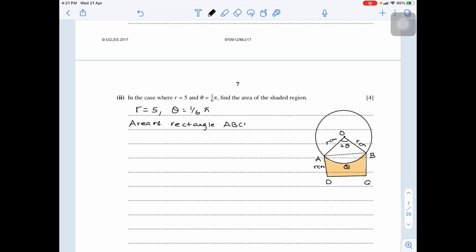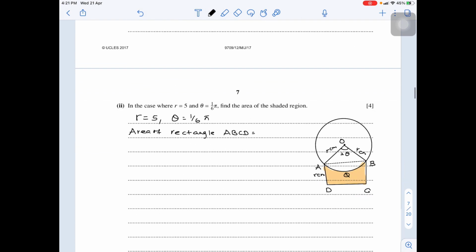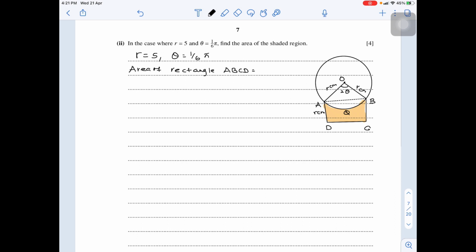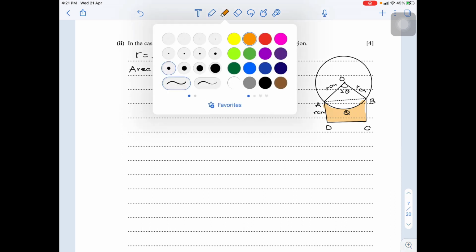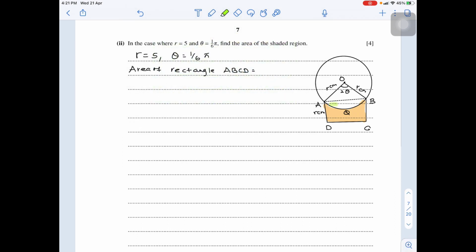Area of rectangle ABCD. Now it says find the area of the shaded region. So what we need is area of the rectangle minus area of that part which is that segment. What is segment?